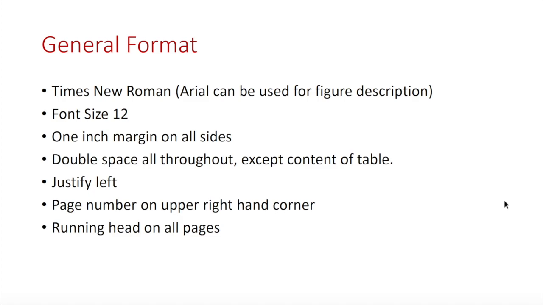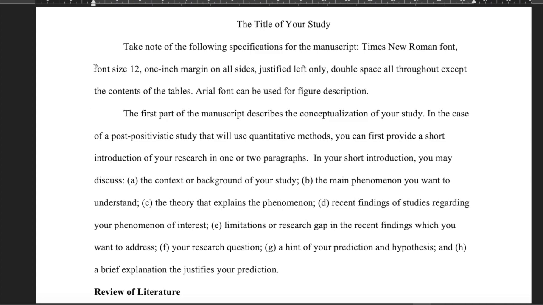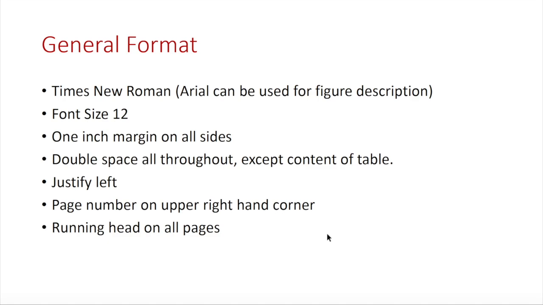So for contents within a table, single space would be sufficient, but otherwise all throughout the paper, double space is required. And then justified left. What I mean by justified left is that the left side is justified, while you don't do that on the right side of your paper.